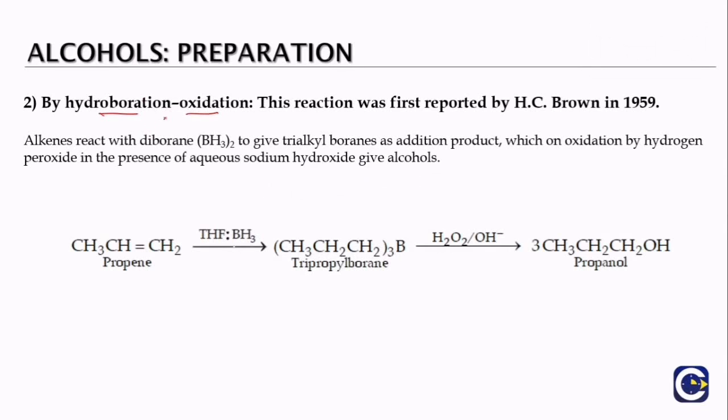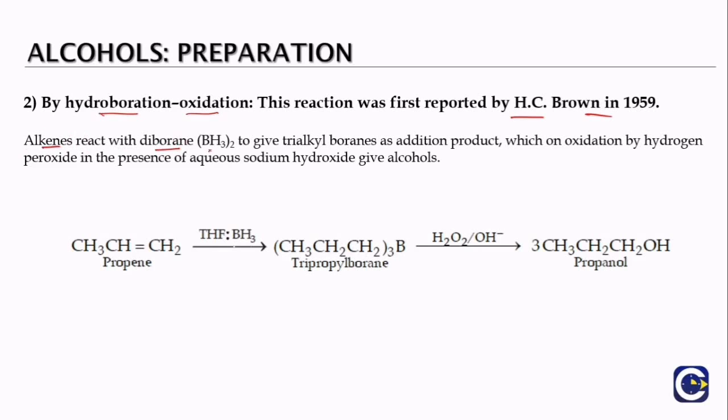It's a very important reaction, and its mechanism is going to be a little bit complex, so we have to very attentively try to understand the reaction and its mechanism. This reaction was first reported by Herbert Charles Brown in 1959, and it is the alkene reaction with diborane.